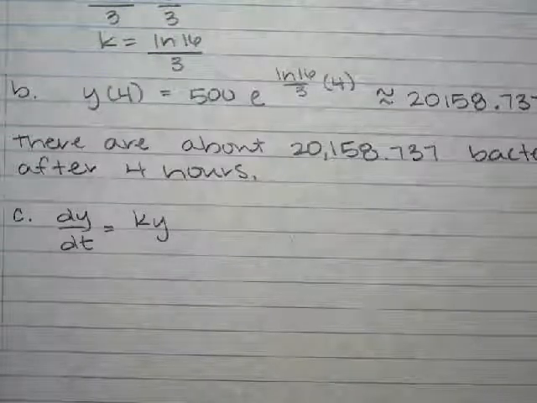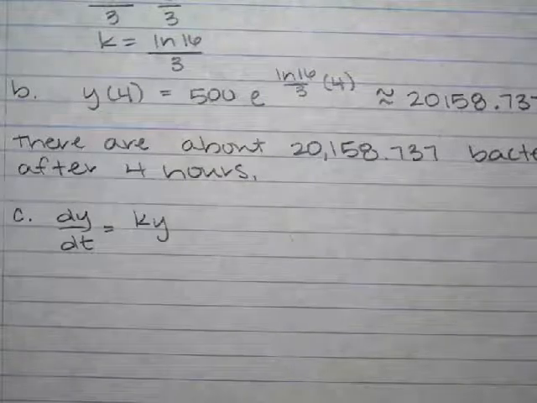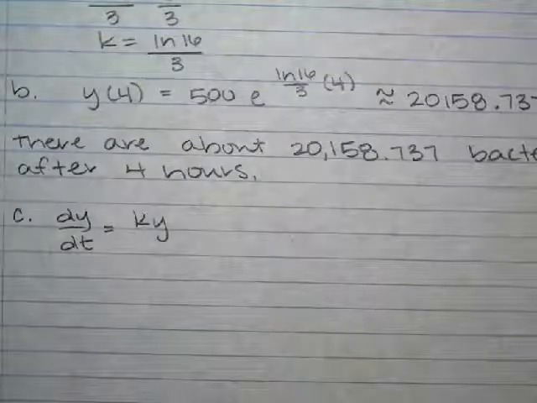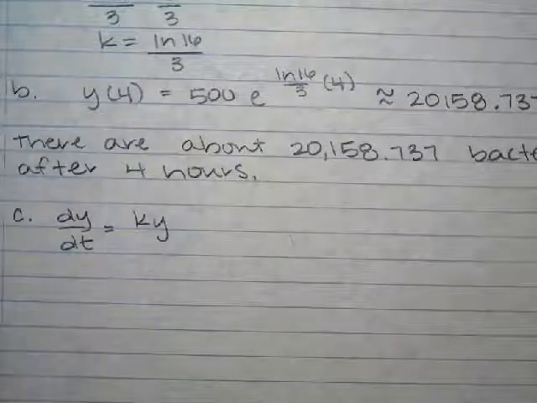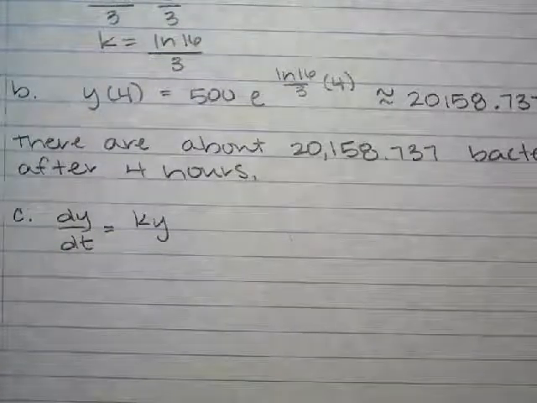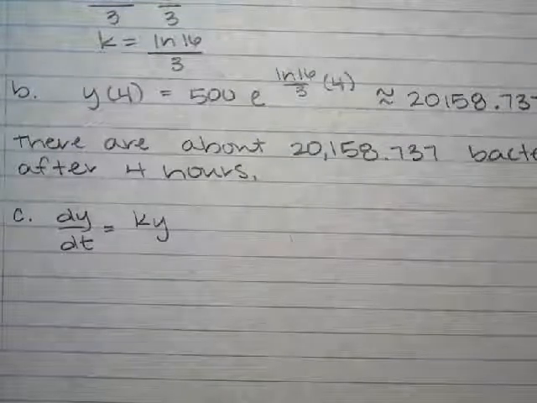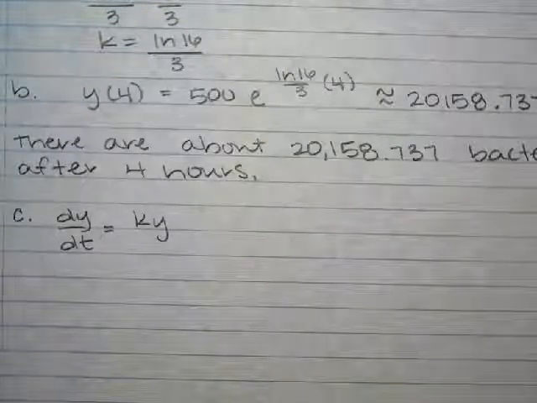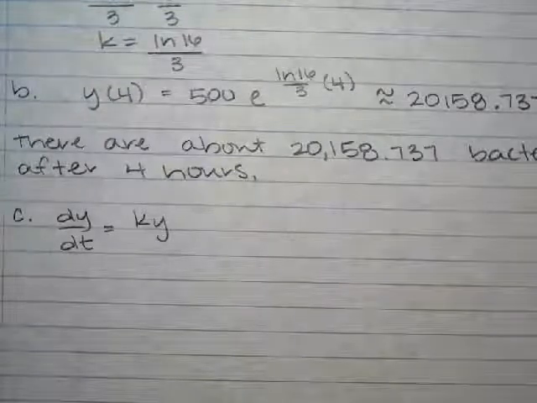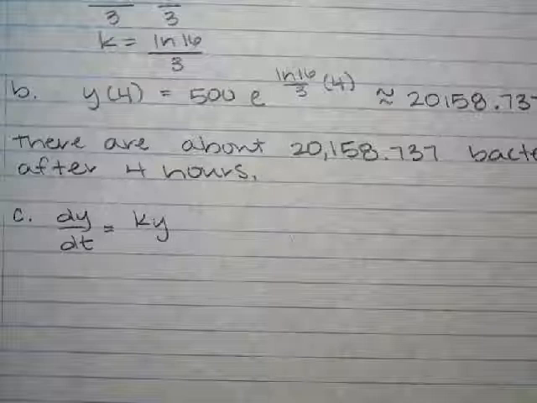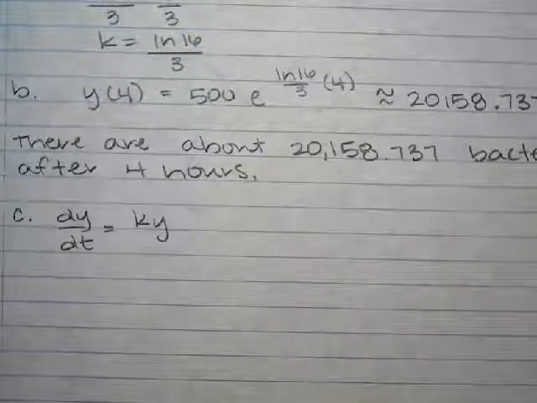Let me look at how I phrased it in my notes. Proportionality constant, aka relative growth rate, and then for dy/dt we said rate of change, aka rate of growth. Because your k is the relative growth rate, the proportionality constant.